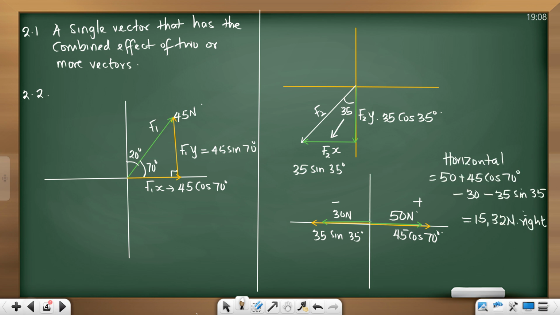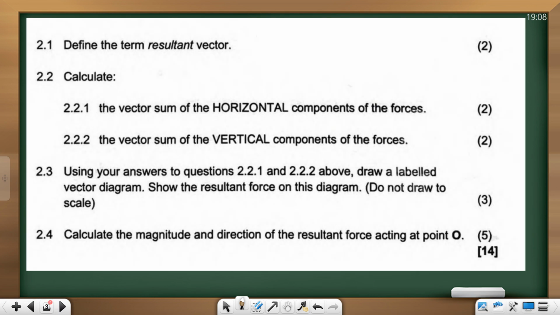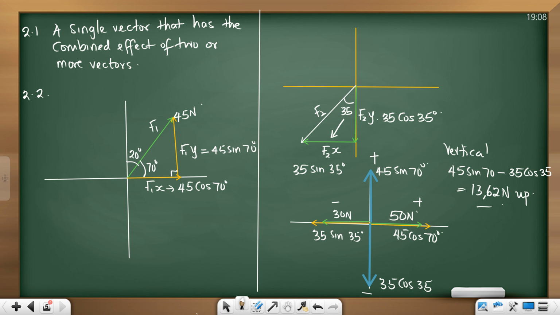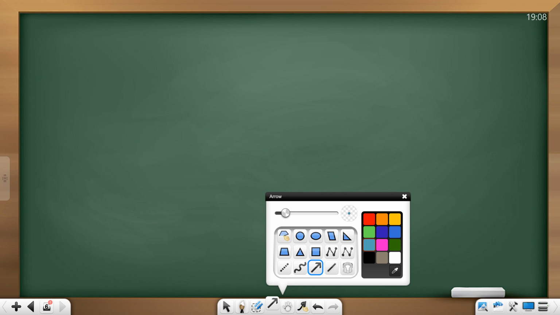You can start screenshotting, guys, because we're running out of time. Using your answer in question, draw a labeled vector diagram showing the resultant force on the diagram. Do not draw to scale, and then we need to calculate the resultant. So, sweet. You can just do all of that at once. We have one to the right and one upwards. So game over.